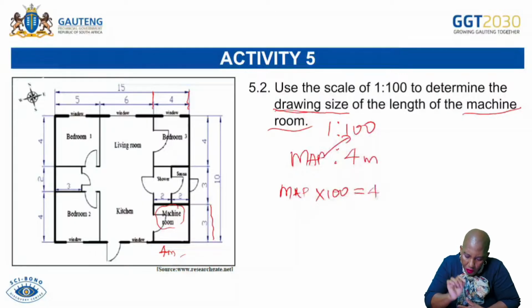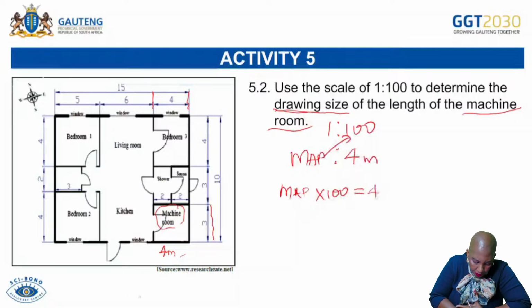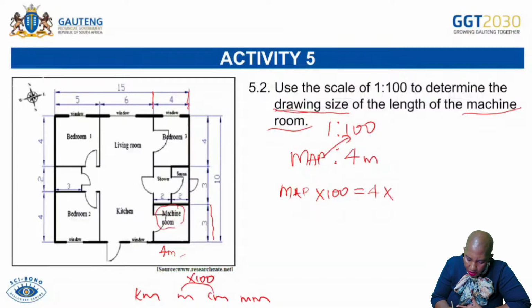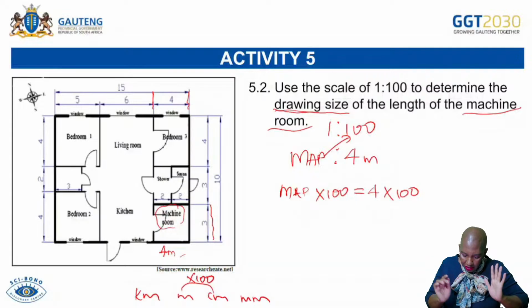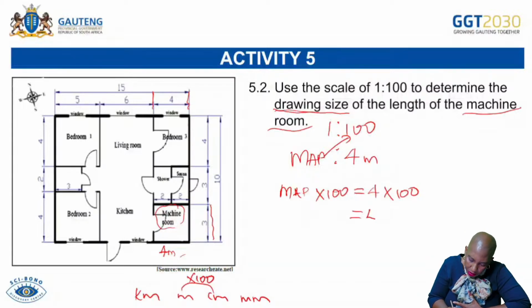From a kilometer, meter, centimeter, and millimeters, from meter to centimeter I must multiply by 100. That means I'm going to multiply by 100 so that I have the same units. And then this means it will be 400.